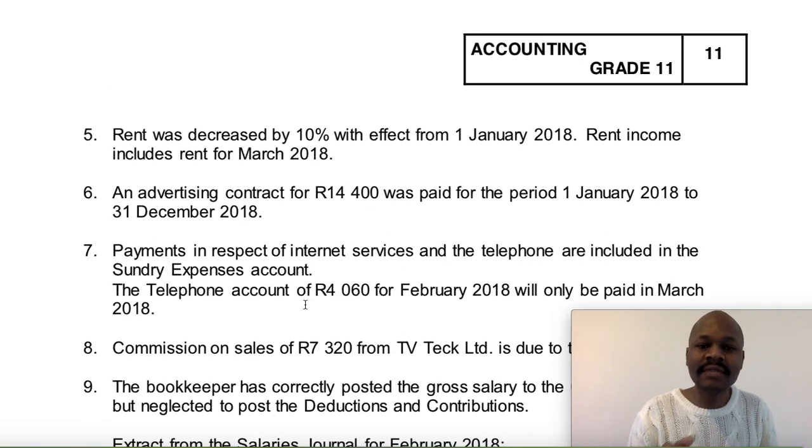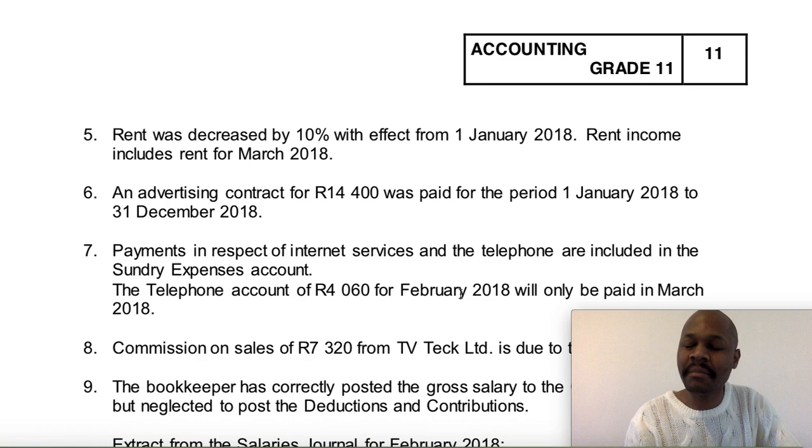Payments in respect of internet services and the telephone are included in the sundry expenses account. The telephone account of 4,060 for February will only be paid in March. So this means the business now owes their supplier 4,060. So this has to be added to our expenses, accrued expense.